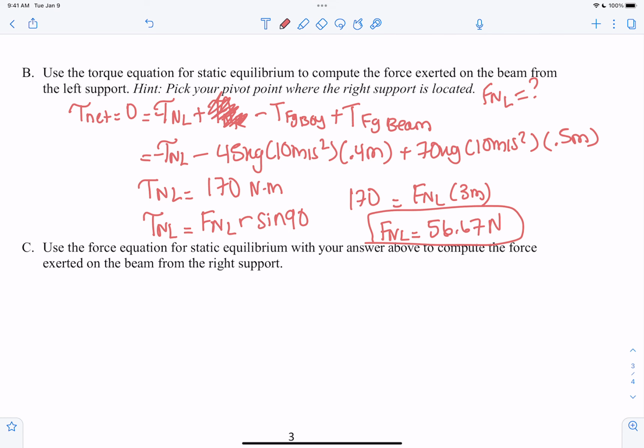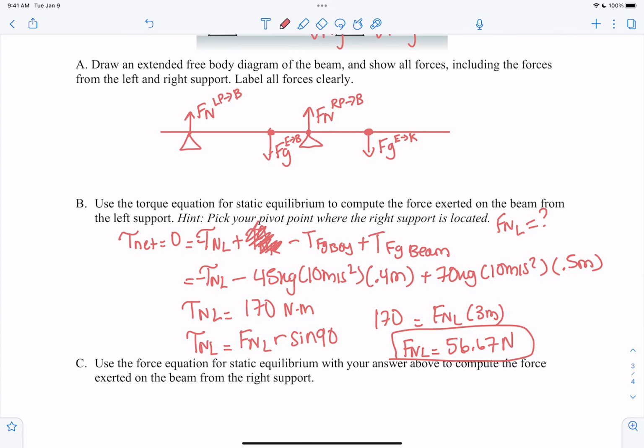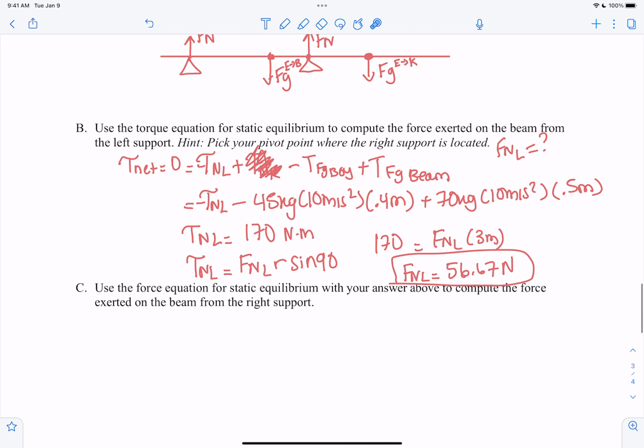So torque due to the left side is negative in general. It's just that when you're calculating things, since we integrated the direction here, when you add it over, this is positive T and L, right? And so when you calculate the rest of this, you get a positive 170. So this just gives you the magnitude at the end. When I integrate the directions in my equation, I get the magnitude.